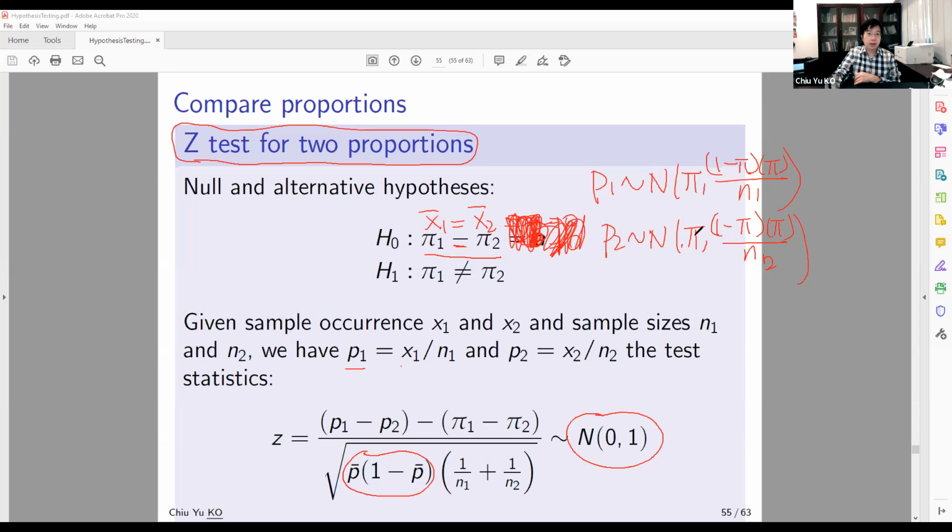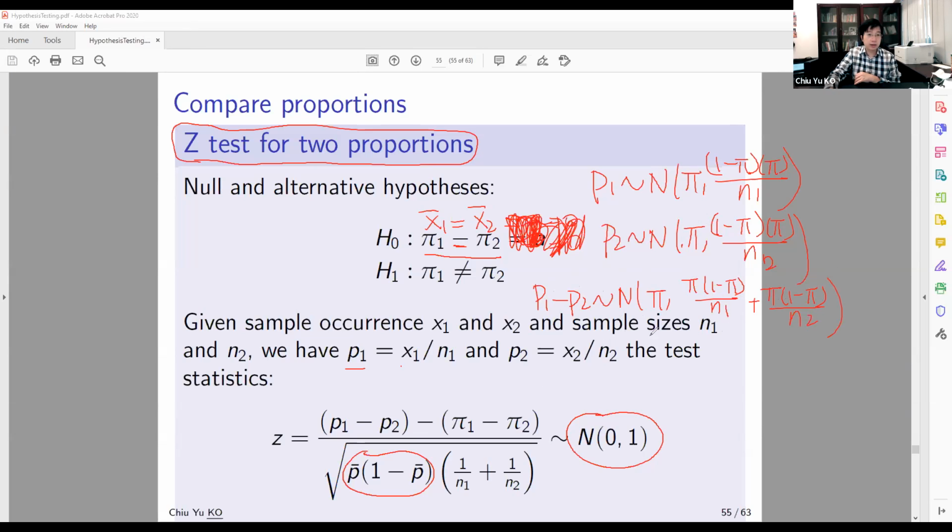That means their difference, P1 minus P2, will follow a normal distribution with variance pi(1 minus pi)/n1 plus pi(1 minus pi)/n2, because they're independent samples.